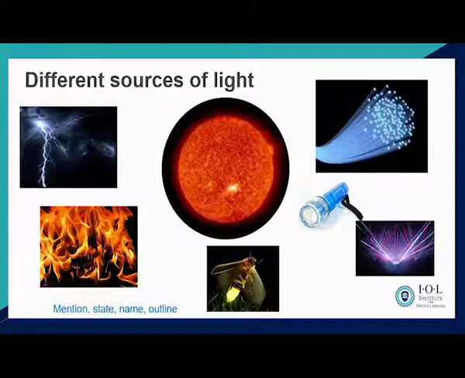Lightning, a flying plane, a torch, or the lights you had for celebration during Christmas or New Year also produce light. Those are some of the other sources of light, but our main primary source of light is the sun.